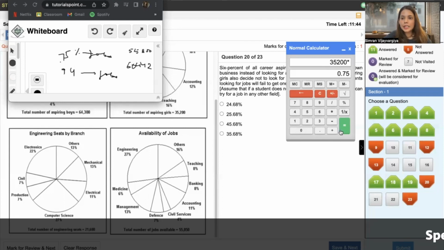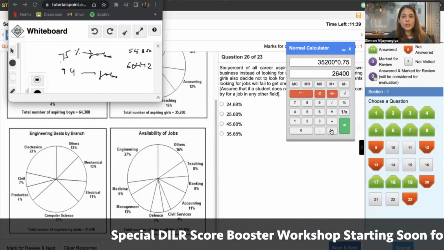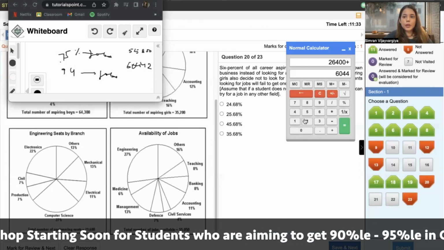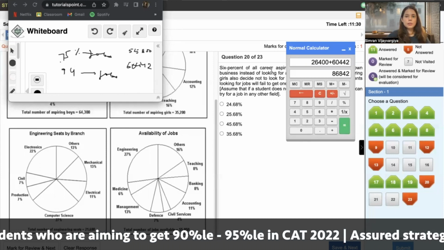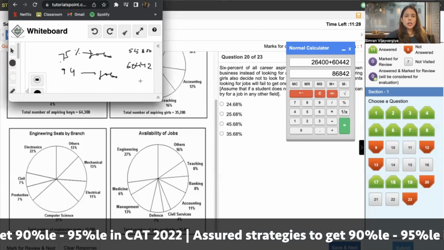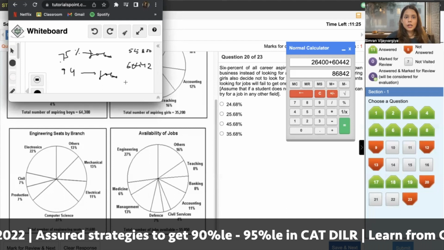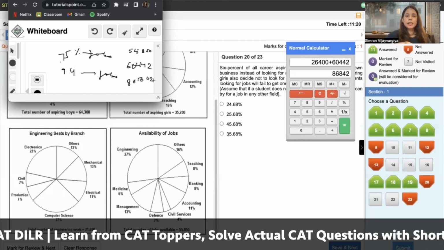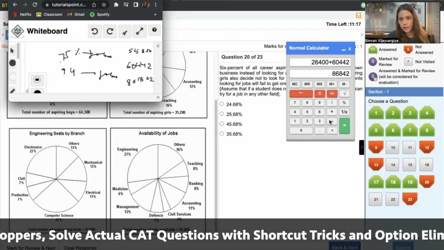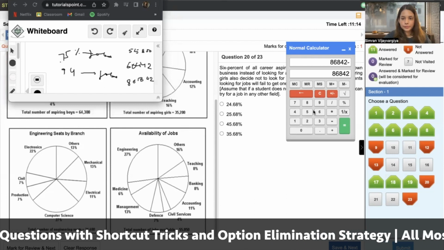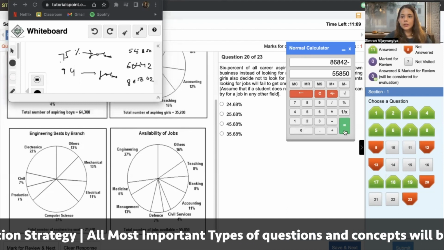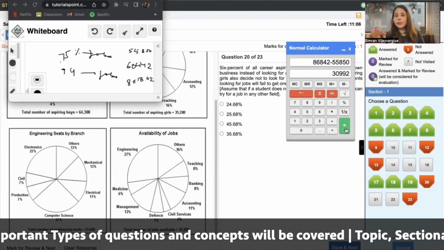Well, basically 75%. 26400. So now the total number of people looking for job is 26400 plus 60442. Okay. So the total number of people looking for job is 86,842. How many get it? 55,850 because we only have that many number of jobs. So these 30,992 do not get a job.